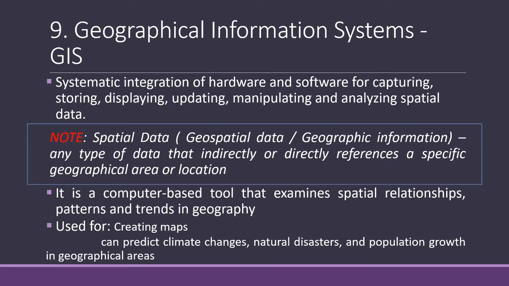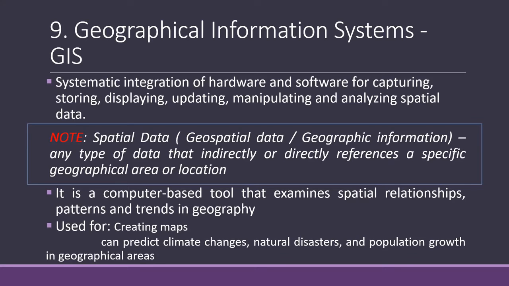Spatial data, or we also call it geospatial data, geographic information. These data are any type of data that indirectly or directly we can refer to a specific geographical location or an area. So location-based information is spatial data.